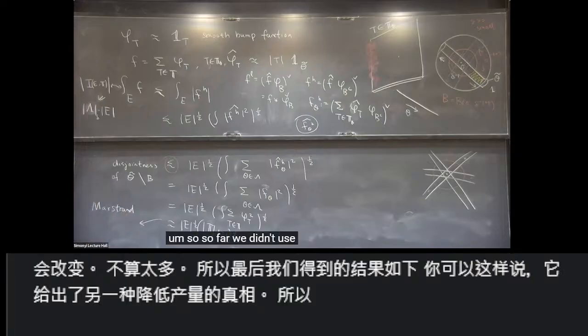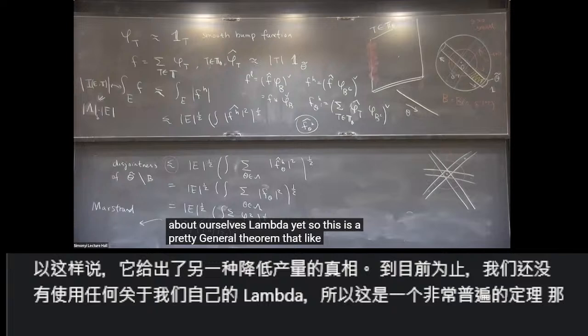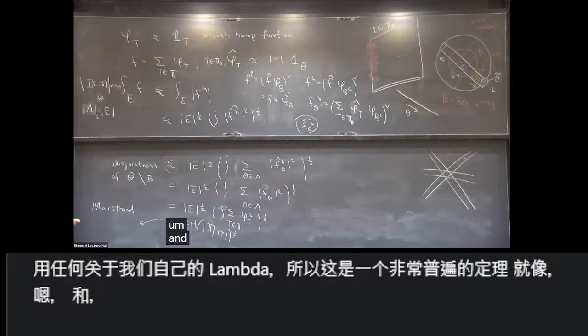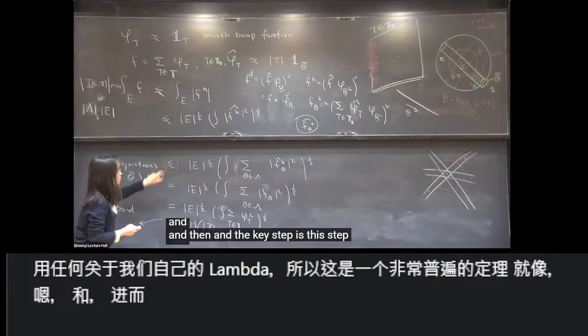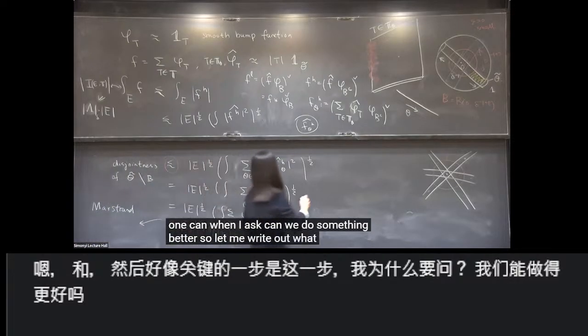So far we didn't use anything about our set lambda in E yet. So this is a pretty general theorem, and then the key step is this step. One might ask, can we do something better? So let me write out what this step says.